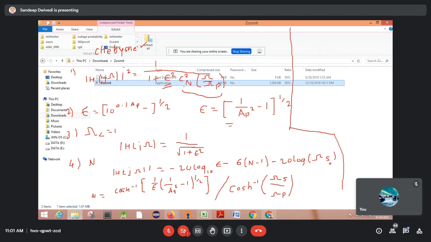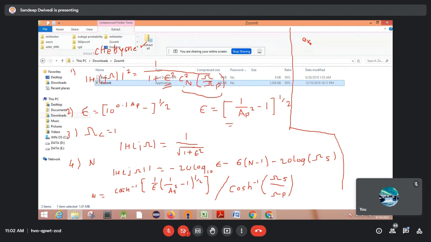Then the position of the poles of the Chebyshev filter. To find the position of the pole, you first need to find these variables, that is theta k, and one more variable, that is yk.